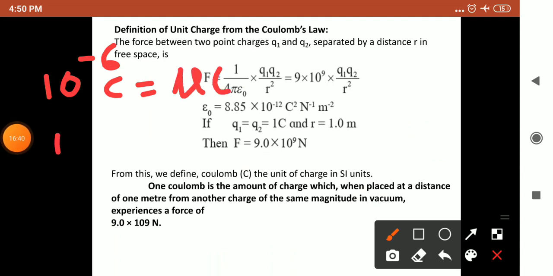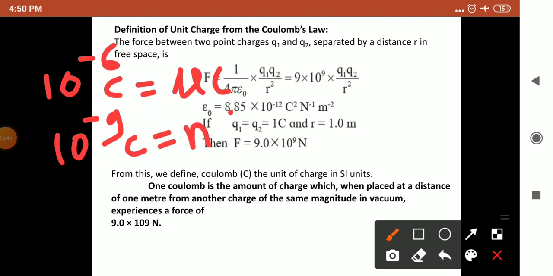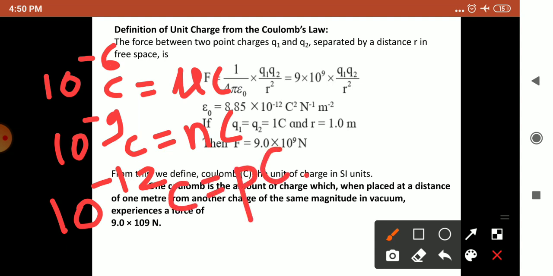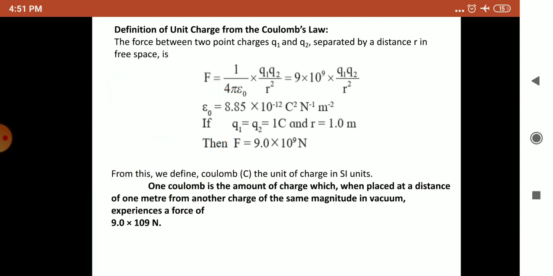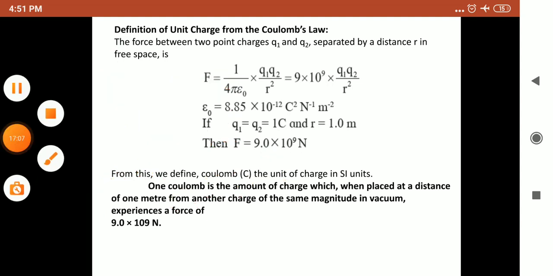For 10 raised to minus 9 coulomb, it is nanocoulomb. For 10 raised to minus 12 coulomb, it is picocoulomb. So this is about Coulomb's law and the definition of unit charge from Coulomb's law. I guess everyone got these points. Thank you.